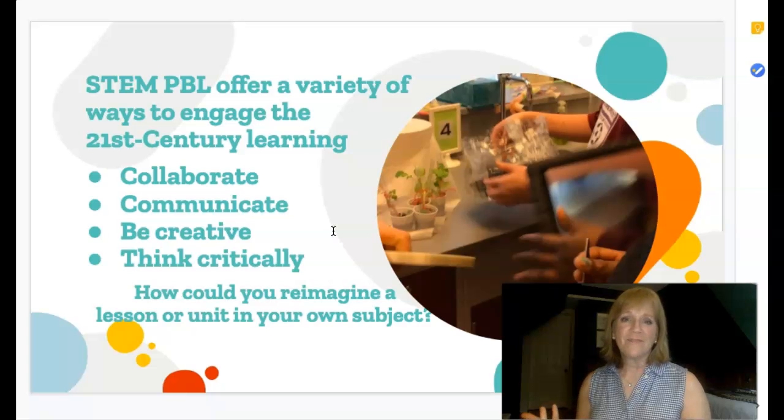What works? So collaboration, communication, being creative, thinking critically are all things that project-based lessons, and especially in this case a STEM lesson, allows you to use all of those skills. So I'd like you to think about how you could reimagine your lesson or a unit in your own subject.